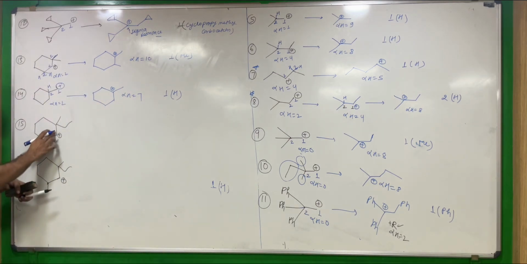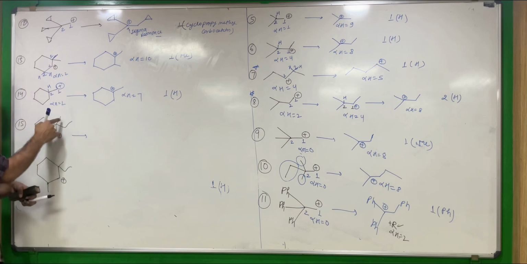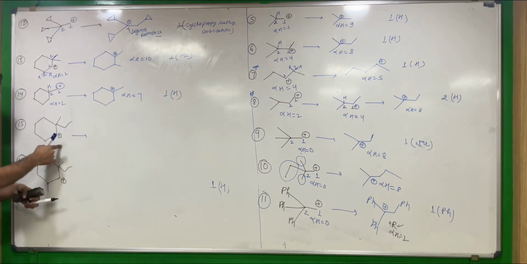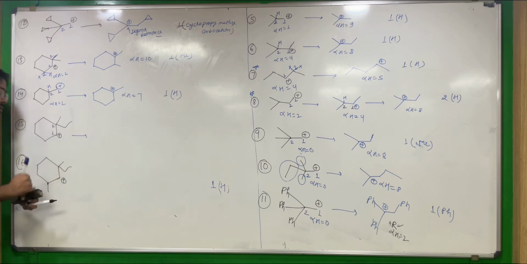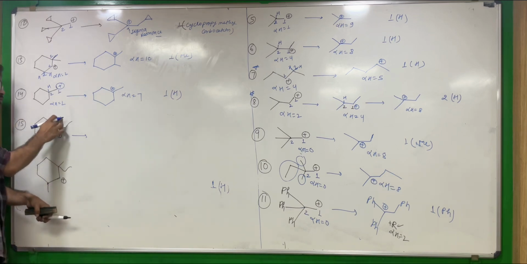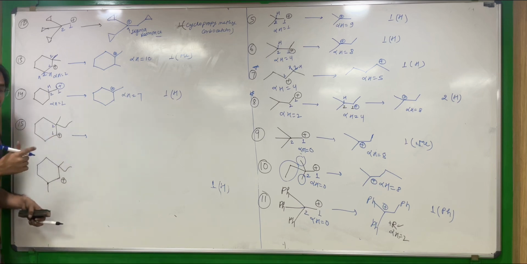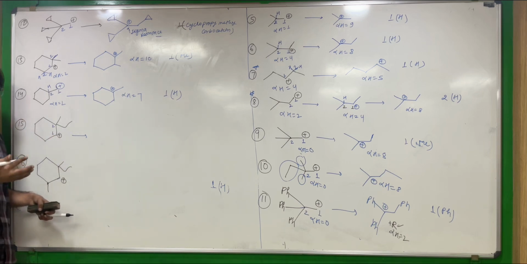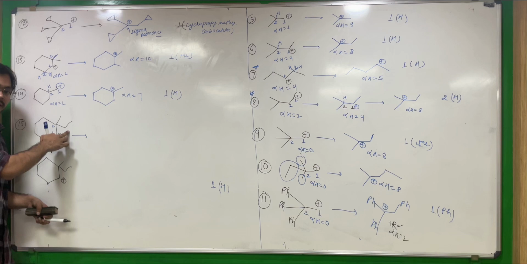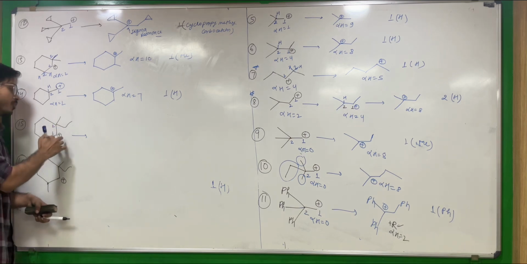Now tell me, in this case, here one methyl group is present and one ethyl group is present. So which group will shift? Larger group will shift. This is carbon number 1, this is carbon number 2. On carbon number 2, one methyl group is present and one ethyl group is present. So we have seen the migrating aptitude. In migrating aptitude, ethyl group has more migrating aptitude than methyl group. So ethyl group will shift.